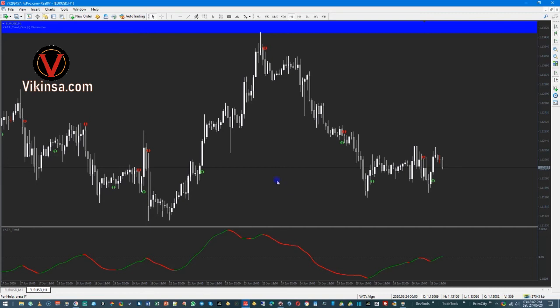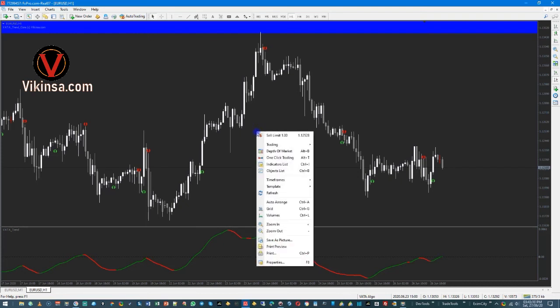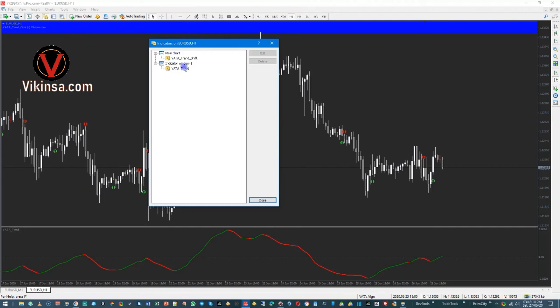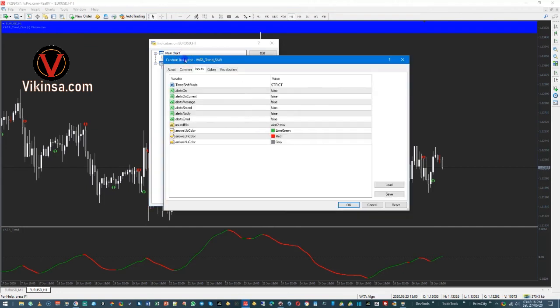Before we actually move on, we need to look at one more thing, because most of the traders have been asking about mobile notification. So you can actually achieve that, because if you come to VATA Trend Shift, click on this. VATA Trend allows alerts, so you can switch on the alerts. If it is true, then you will get alerts.